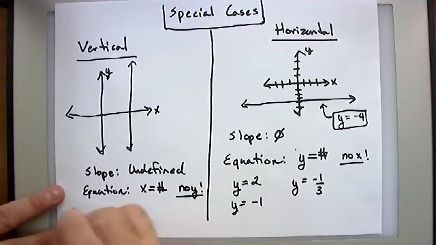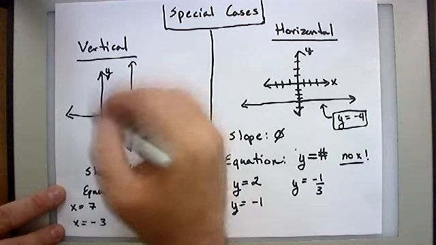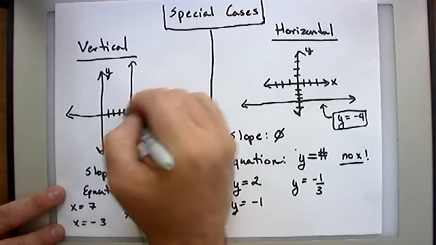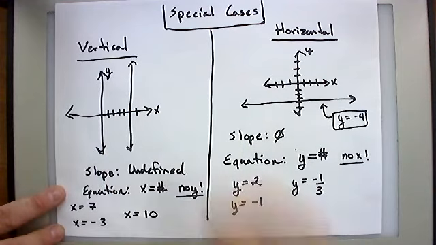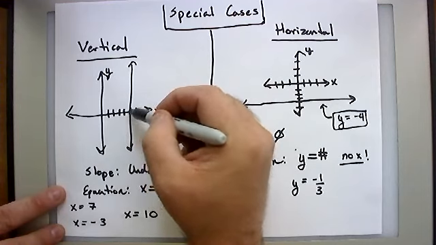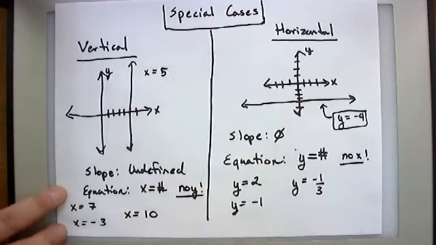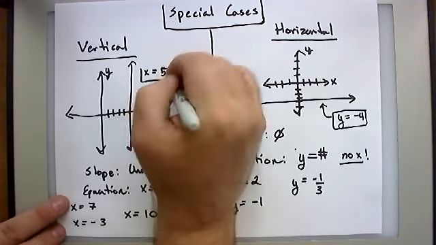So for example, it might look like x equals 7, x equals -3, x equals 10, could be anything, right? Up here, let's just say this was 1, 2, 3, 4, 5, 6. So the equation on this vertical line would be x equals 5, okay? Just so you guys have a quick understanding.